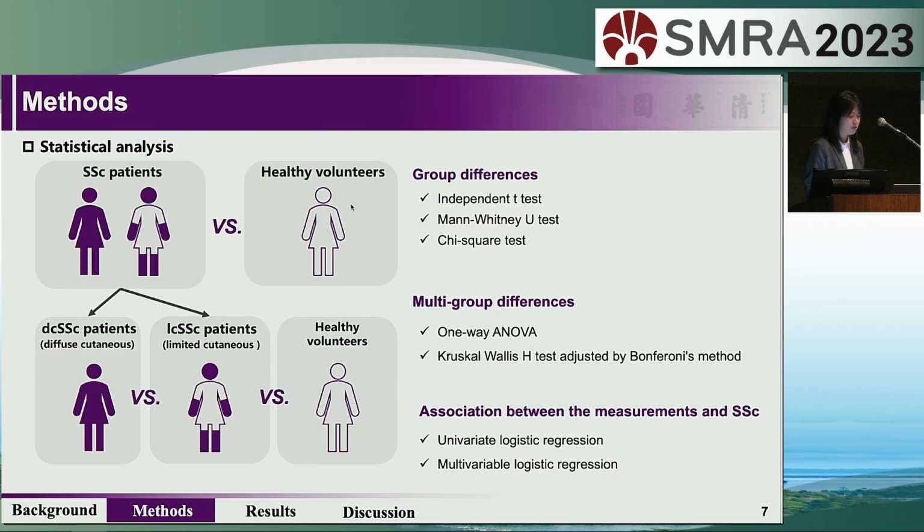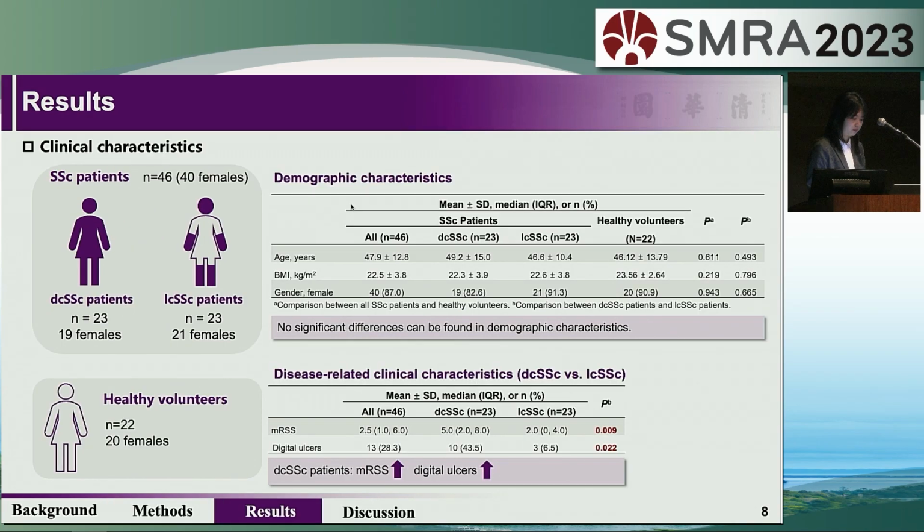In the statistical analysis, we compared the group differences between SSc patients and healthy volunteers, and we also compared the multi-group differences between diffuse cutaneous SSc patients, limited cutaneous SSc patients, and healthy volunteers. Logistic regression analysis was performed to investigate the association between the MR measurements of the kidney and SSc before and after adjusting for confounding factors.